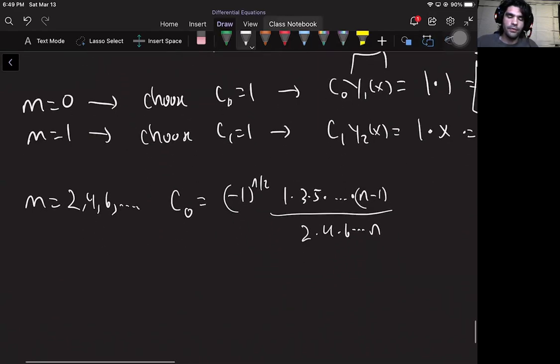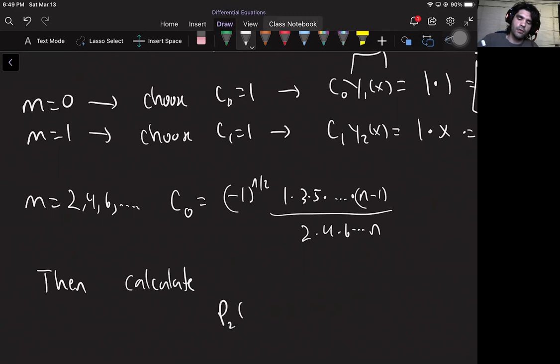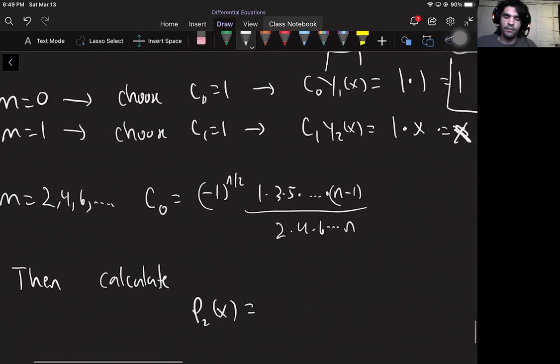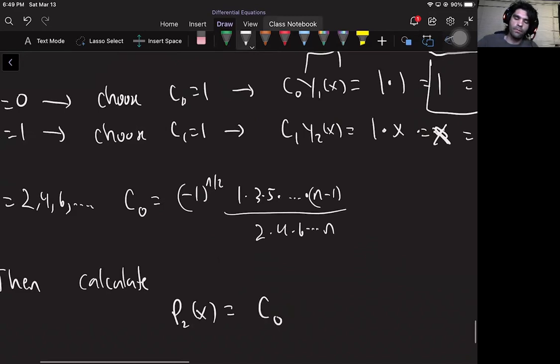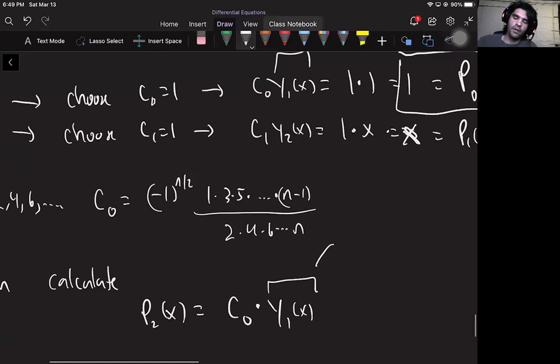Okay, so then we can calculate P2 of x, because it's just C0 using this formula times that y1 of x. I keep reusing y1 of x, but it's really the y1 of x for this same value, 2.